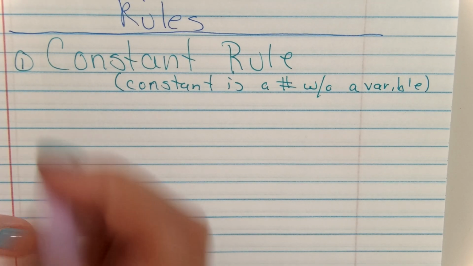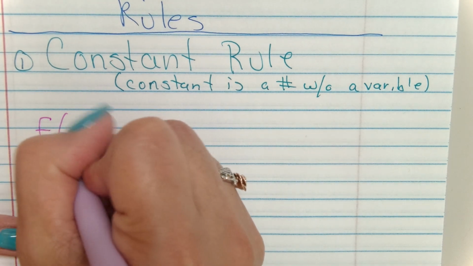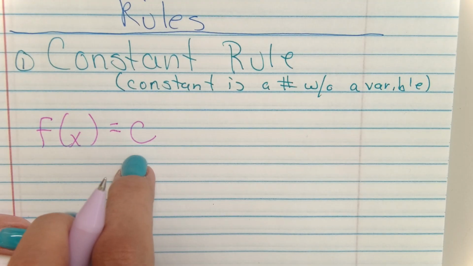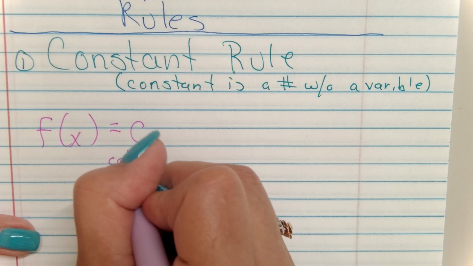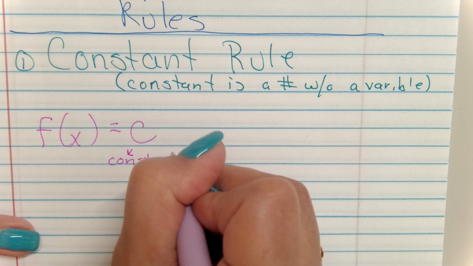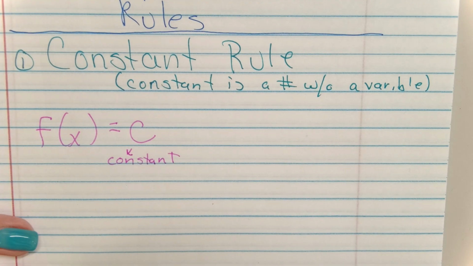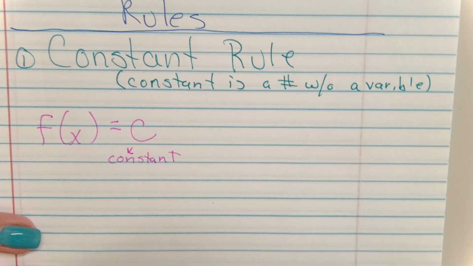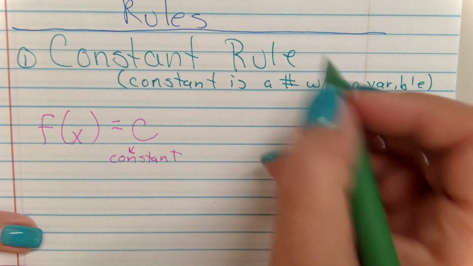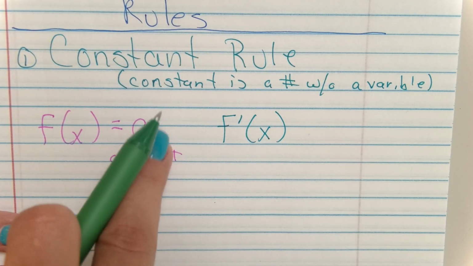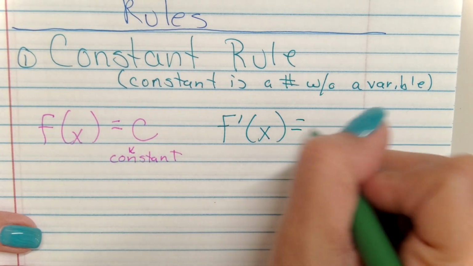That rule states that if I have f of x is equal to c, where c is a constant, then the rule is very simple. F prime of x, so the derivative of this constant, is 0.